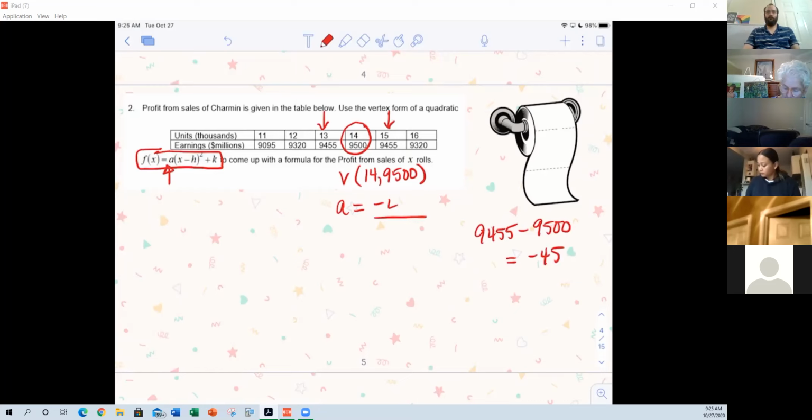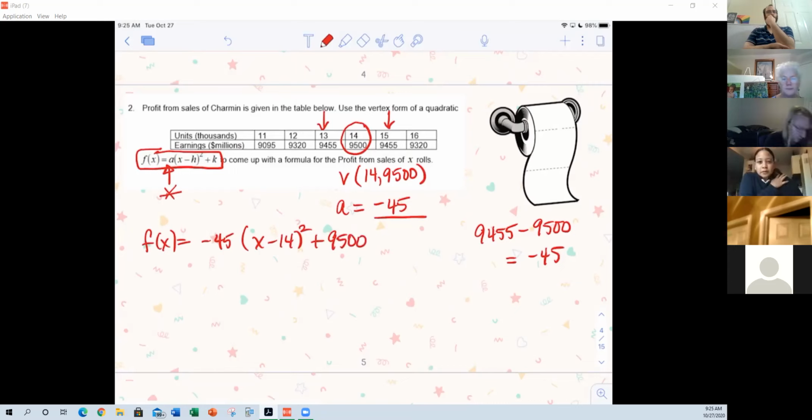So A is negative 45. Then you just plug it into this equation right here. So f of x equals A times x minus 14 squared plus 9,500.